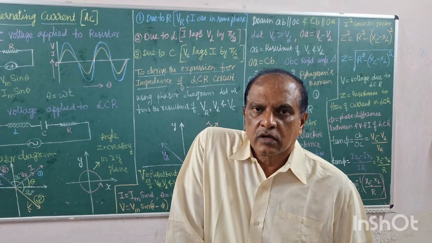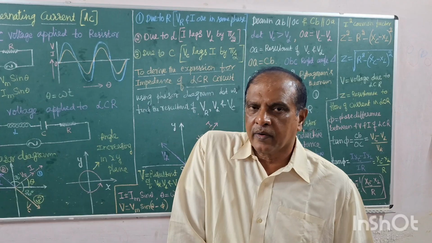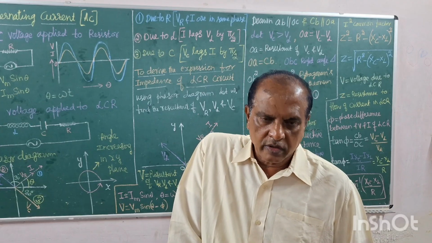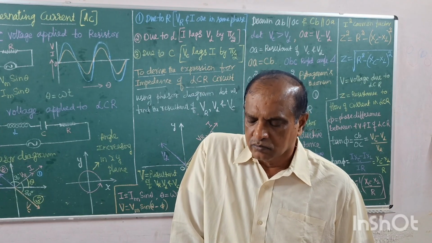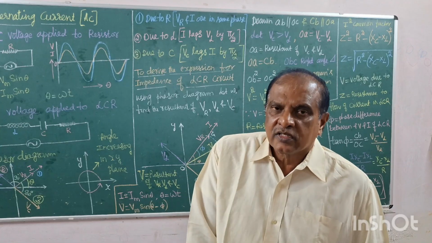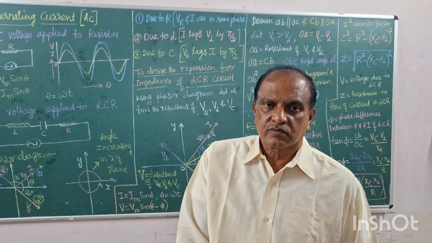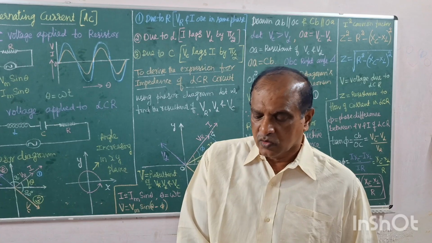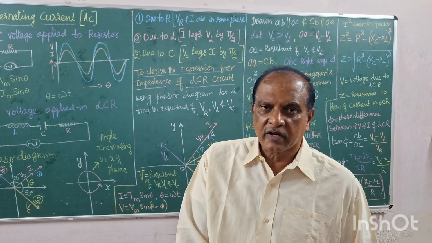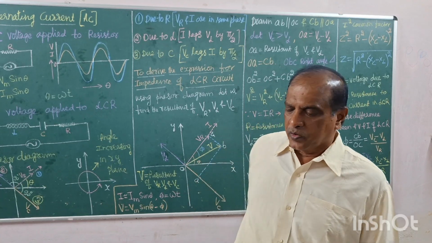Then it is finally sent to the antenna, where the antenna converts these electrical signals into electromagnetic radiations. The electromagnetic radiations are radio waves or microwaves.